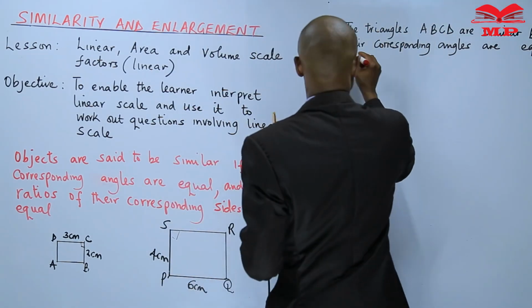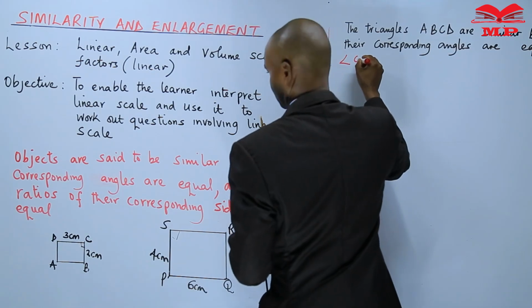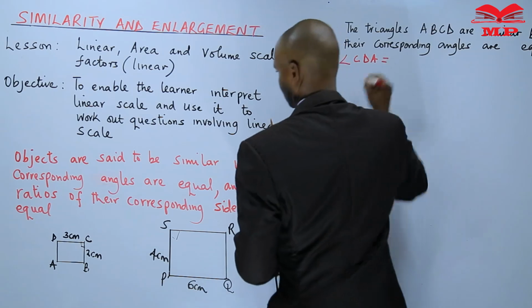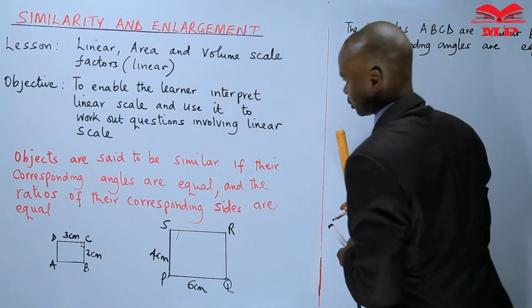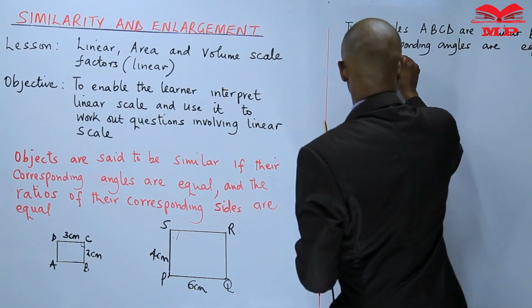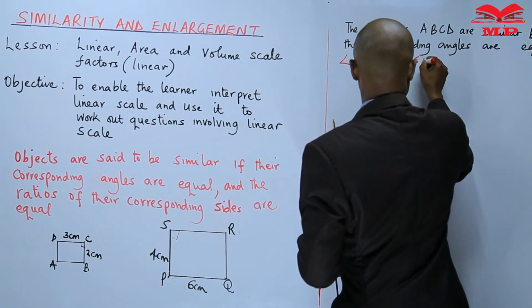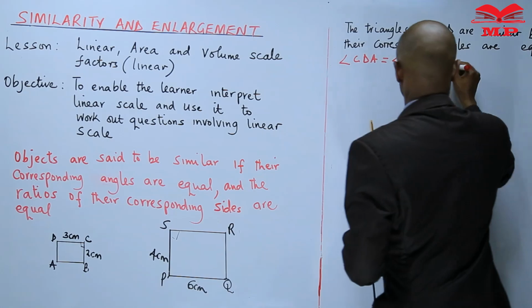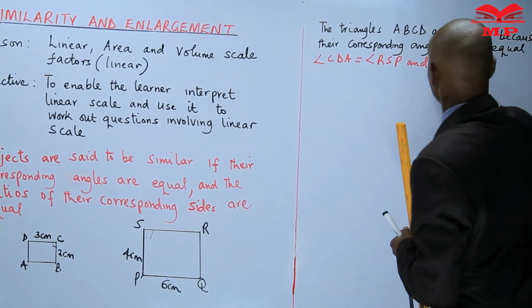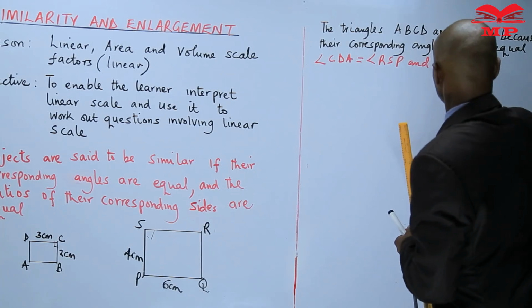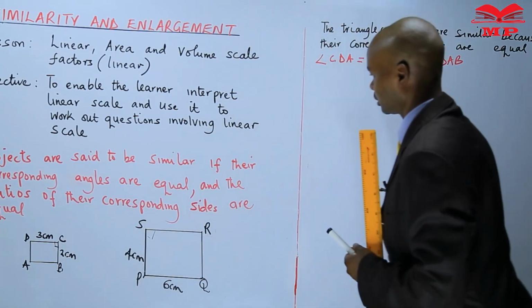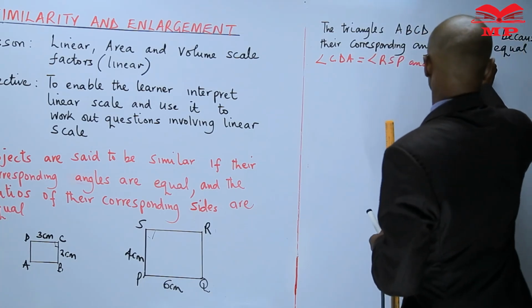Angle CDA is equal to angle RSP, and angle DAB is equal to angle SPQ.